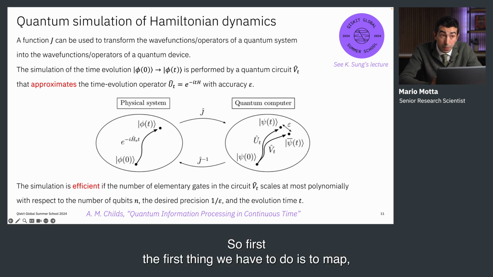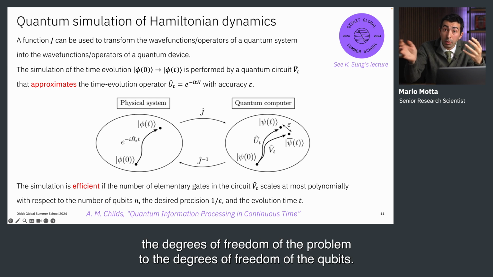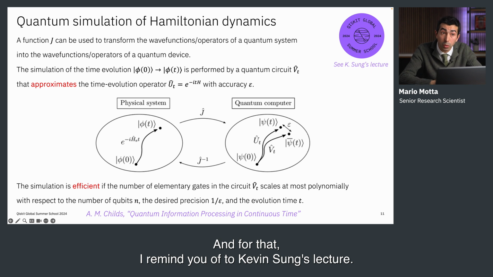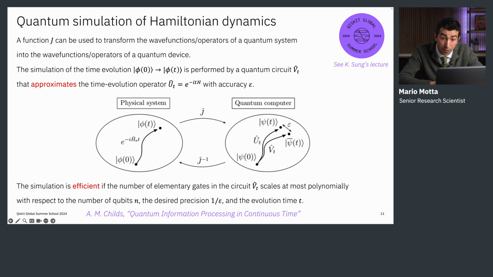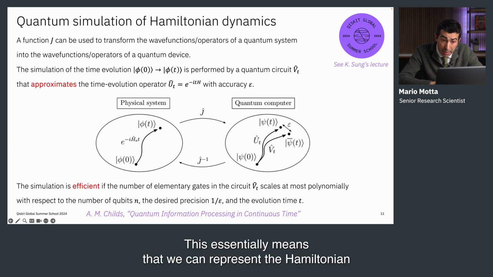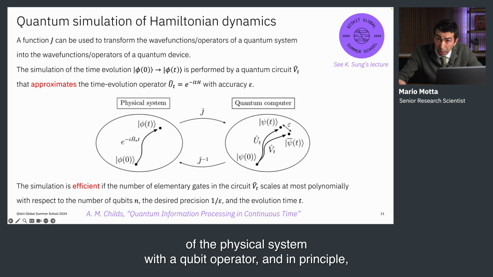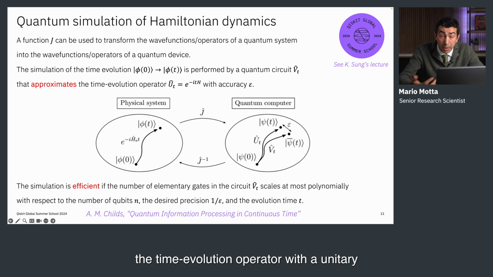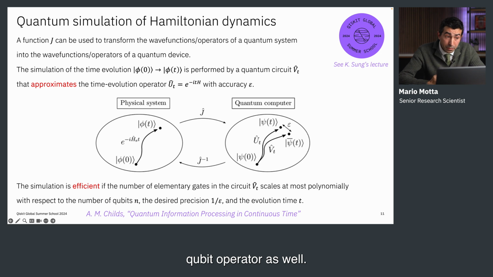So the first thing we have to do is to map the degrees of freedom of the problem to the degrees of freedom of the qubits, and for that I remind you of Kevin Sung's lecture. This essentially means that we can represent the Hamiltonian of a physical system with a qubit operator, and in principle the time evolution operator with a unitary qubit operator as well.